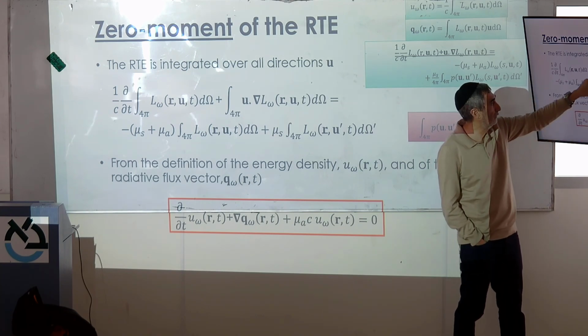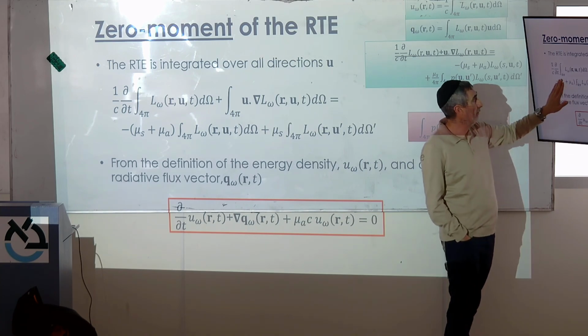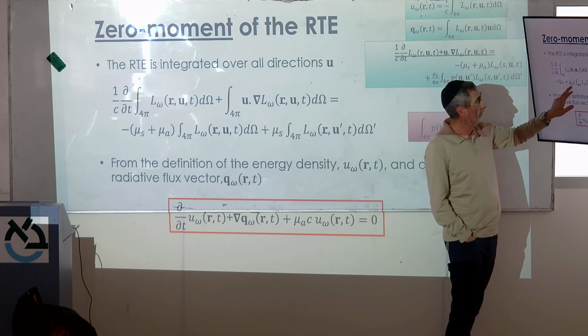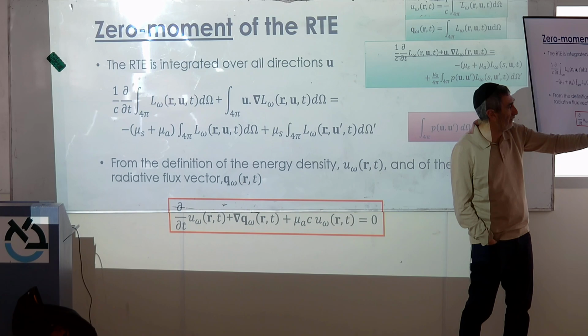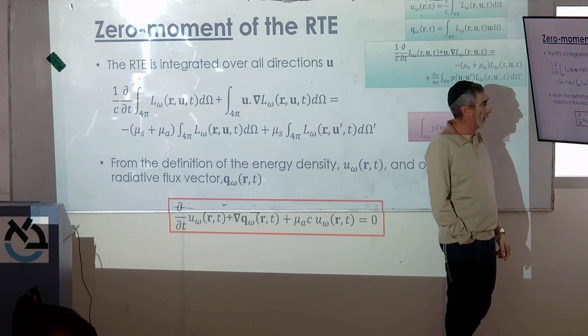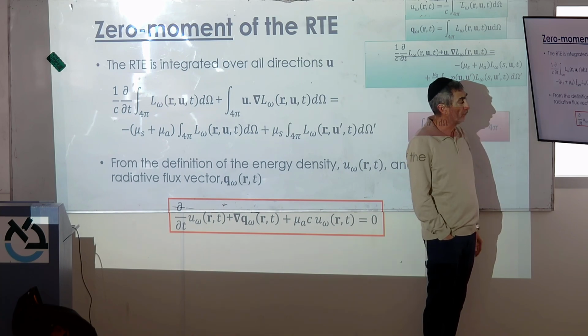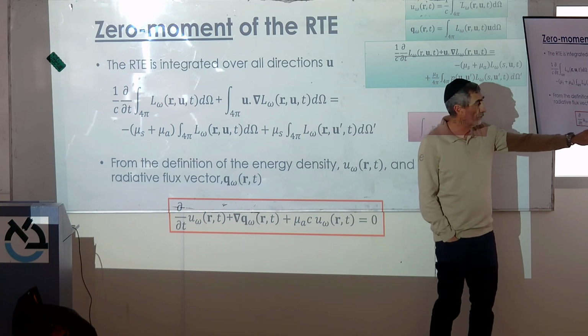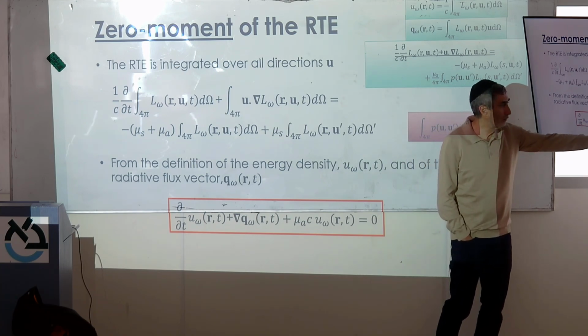So that's writing this expression in the simplest way. Plus this term cancels, you have μa times c, the velocity, times the energy density. So you end up with an equation which is actually energy conservation, only on u and q. So you have a relation between u and q.